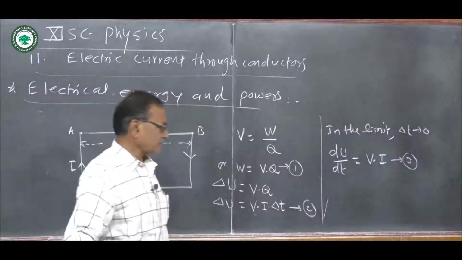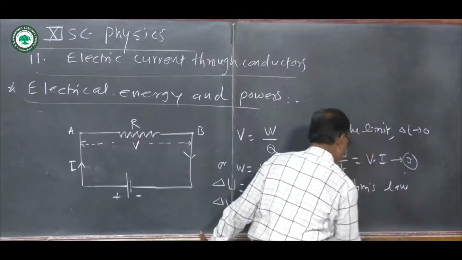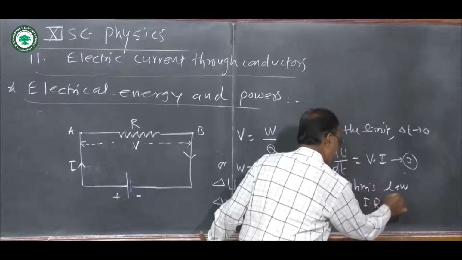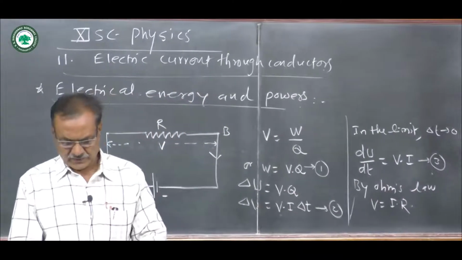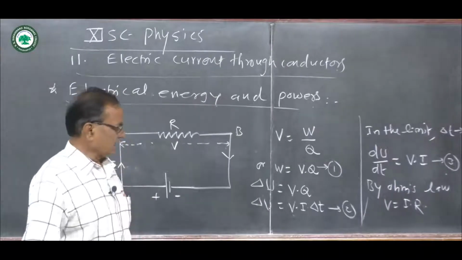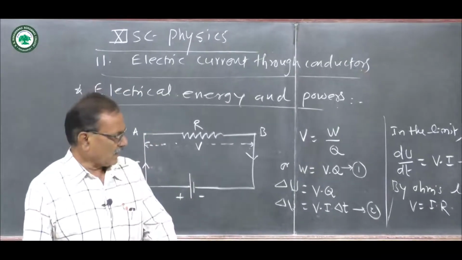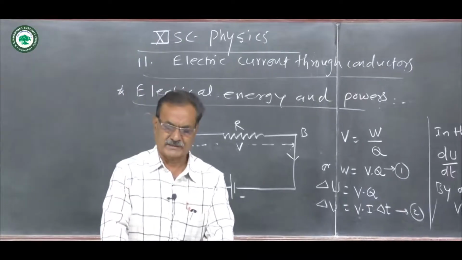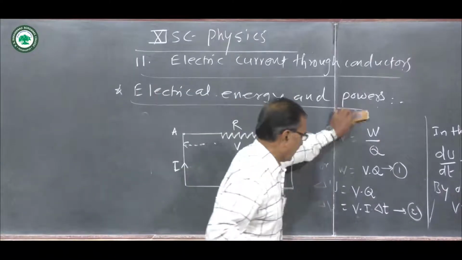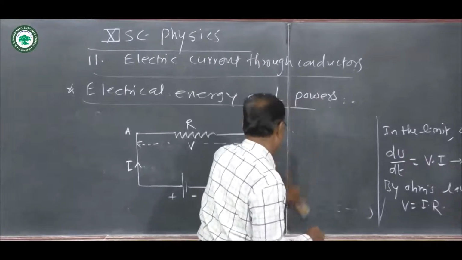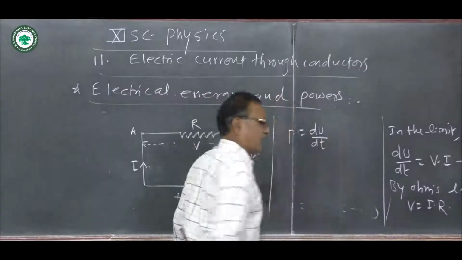By Ohm's law, we know the potential V is equal to the product of current and resistance, or resistance R is equal to V upon I. Thus the ratio dU by dt is also called the time rate of transfer of energy, and it is given by power P equal to dU by dt.